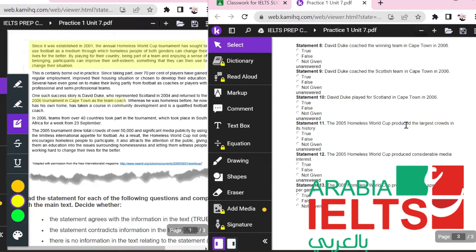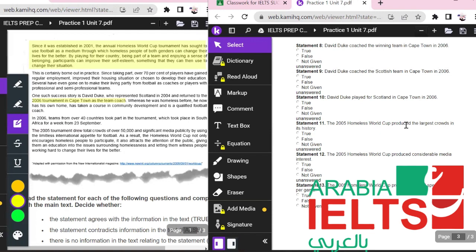Do we have information about the crowd size? Yes, we have, but we have it for the previous years in history. If we check the first sentence, the 2005 total was over 50,000.